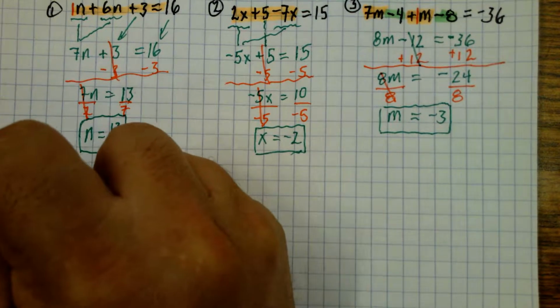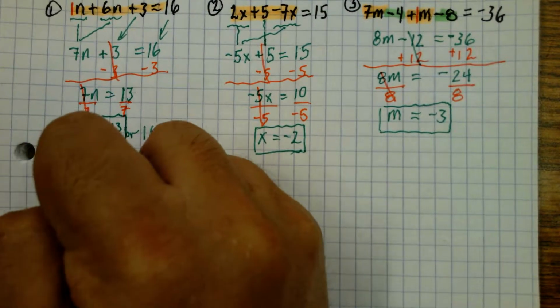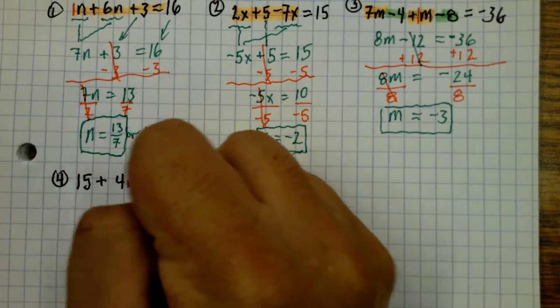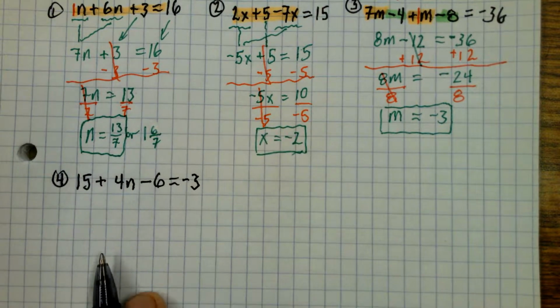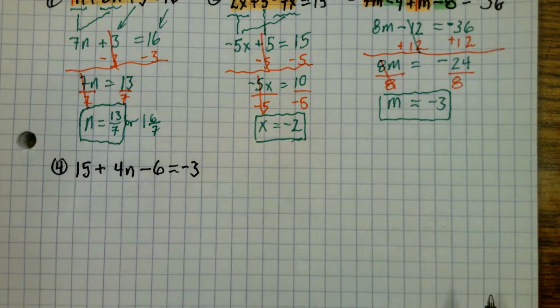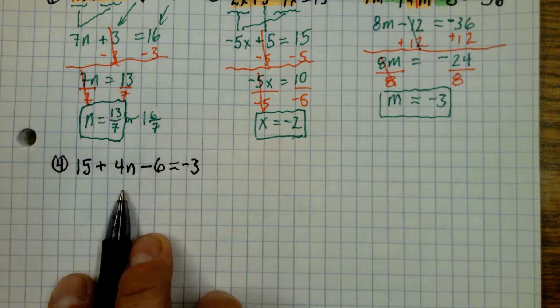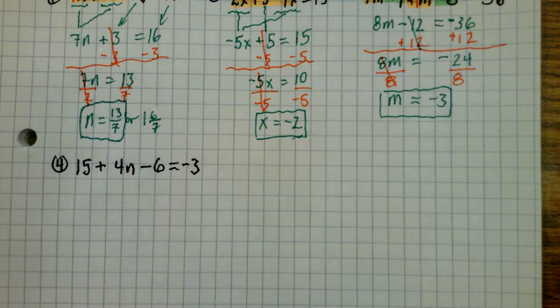This one I'd like you to try with your table partner. The equation I'd like you to look at with your table partner is 15 plus 4n minus 6 equals -3. Start with figuring out what goes together. What can I combine?